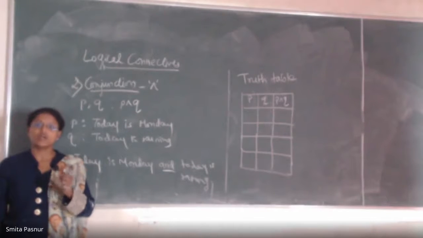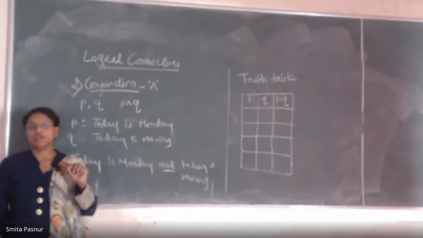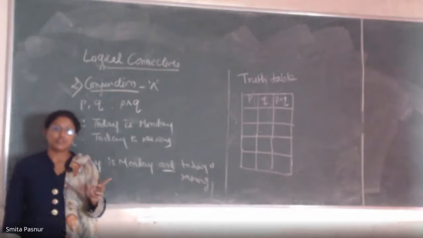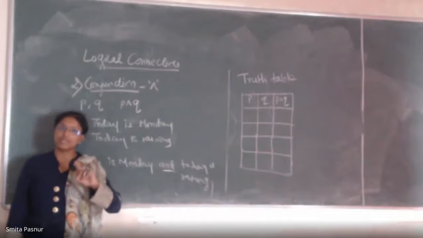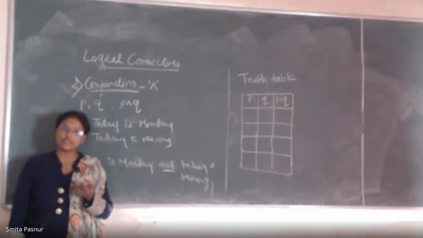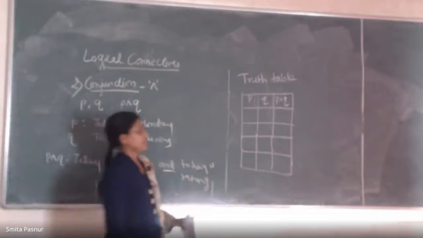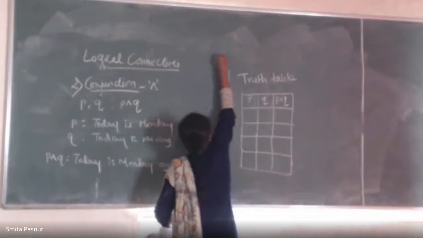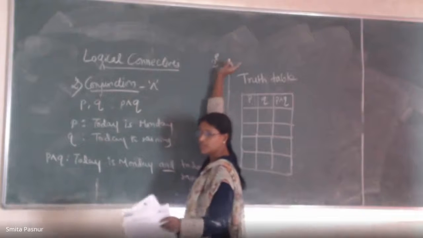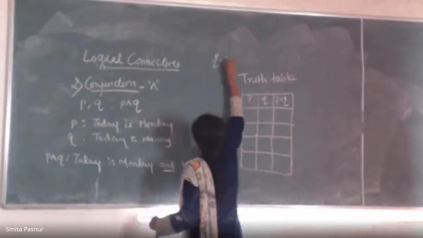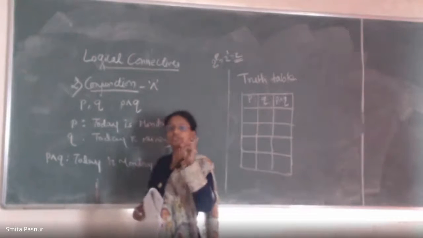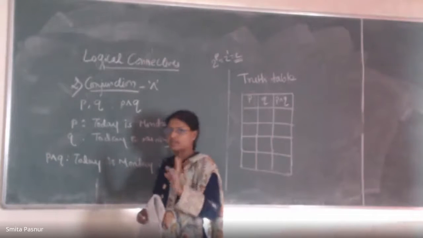So it depends on how many prepositions you have, how many prepositional statements you have in your question. Now, as in the negation, for a negation, we had only P. So P is only one preposition. That means how many truth values you will generate? That is 2 raised to 1. It should be 2 raised to the number of prepositions. How many prepositions are there? What if one preposition is there? Then 2 raised to 1 will give you 2. So that means you will have 2 values, means only true and false. 2 values are here. Okay?